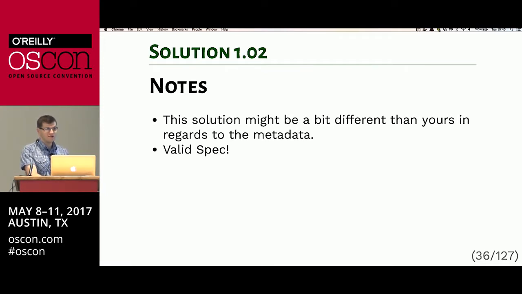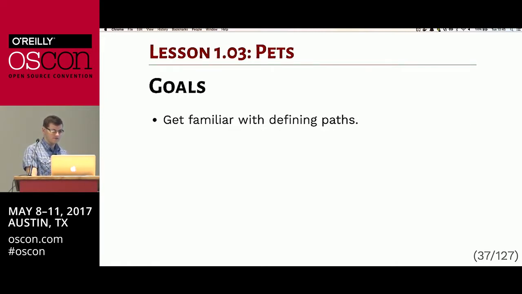Right now you already have a valid spec, a valid contract with your clients. Right now you still don't have functionality in it, and these are the parts we're going to add in the next few lessons. So now we want to start with the basic part of our functionality, and for that we'll start with setting up paths.